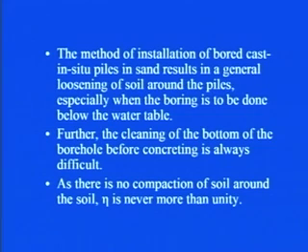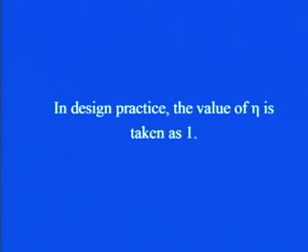As there is no compaction of soil around the pile, eta is never more than unity. It is better for us when eta is more than unity, but since there is no compaction of the soil around the pile, eta is never more than unity. So, usually in design practice, the value of eta is taken as 1.